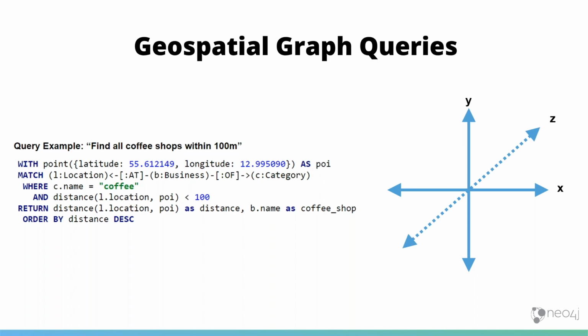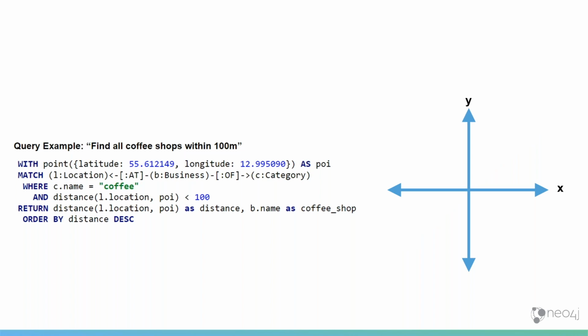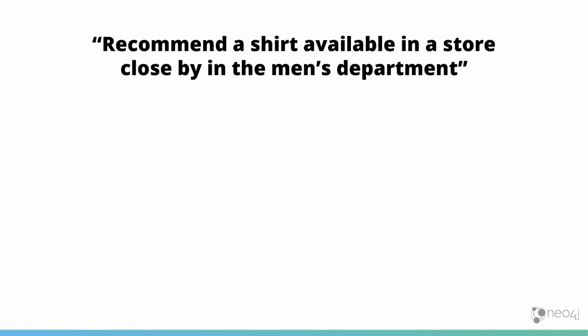But what's really cool and interesting about this is the fact that we've also added a third dimension, height or depth, to this type of query. So now imagine a query that we could run to the effect of: help me find a department store and locate within that store the men's clothing department, so that I can replace the shirt I've just spilled coffee on.